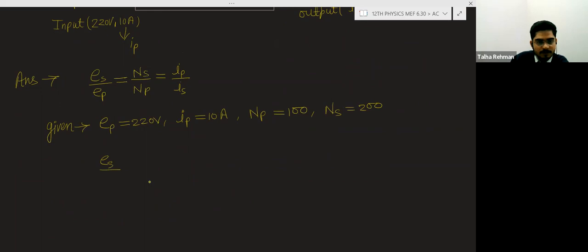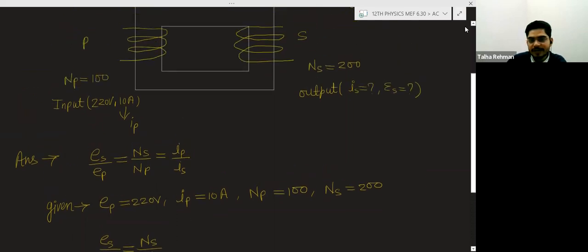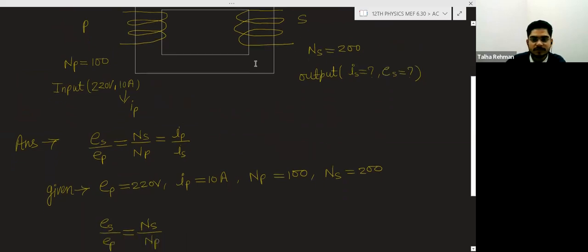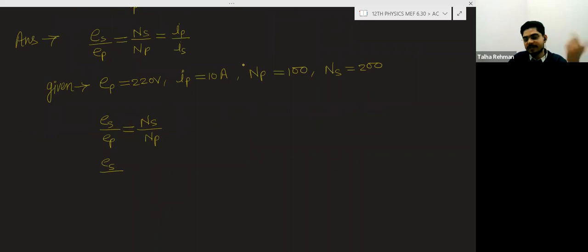ES by EP is equal to NS by NP. We have to find ES, the voltage at the secondary winding. What is EP? 220 volt.